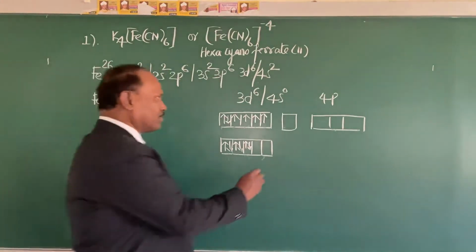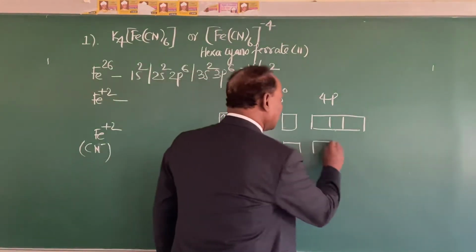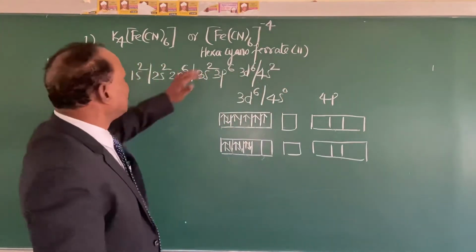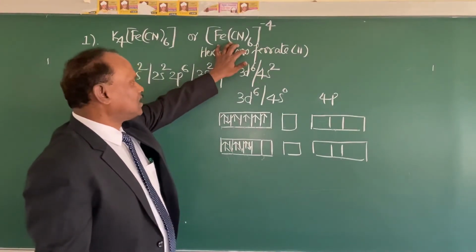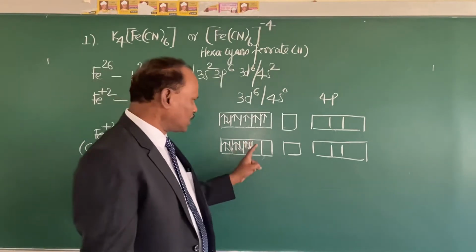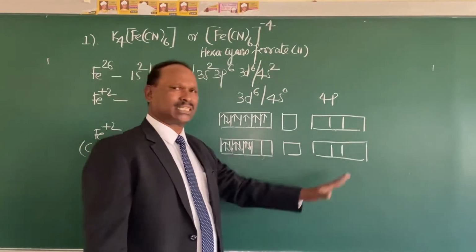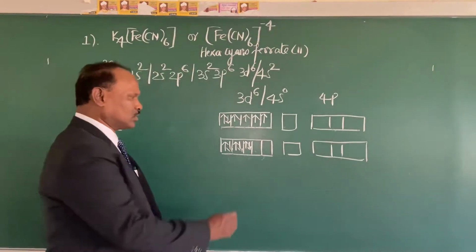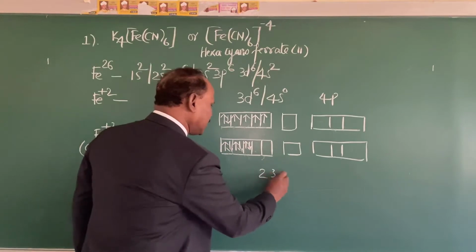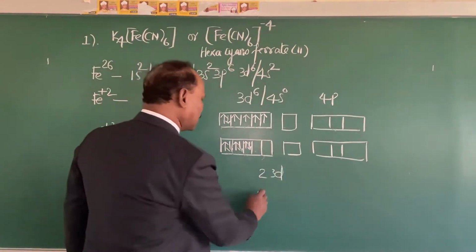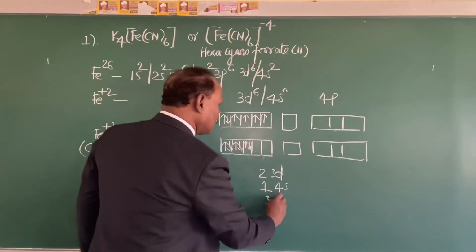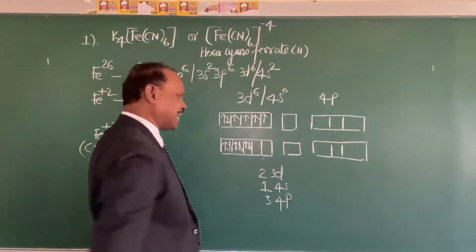So I will write this 4s as it is and 4p as it is. So to form this complex ion, there must be 6 vacant orbitals. So 1, 2, 3, 4, 5, 6. There are 6 vacant orbitals. So that is 2 3d orbitals, 1 4s orbital, and 3 4p orbitals having different energies.